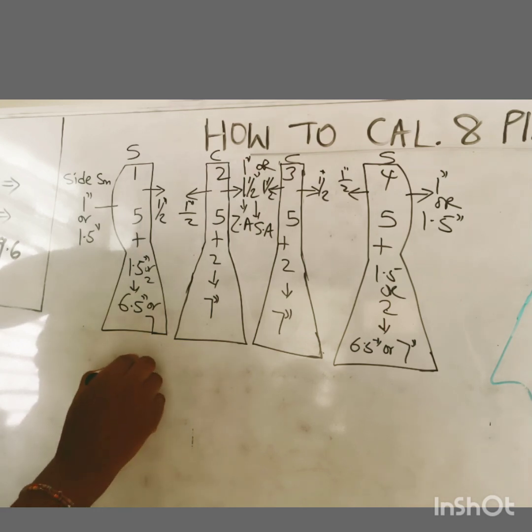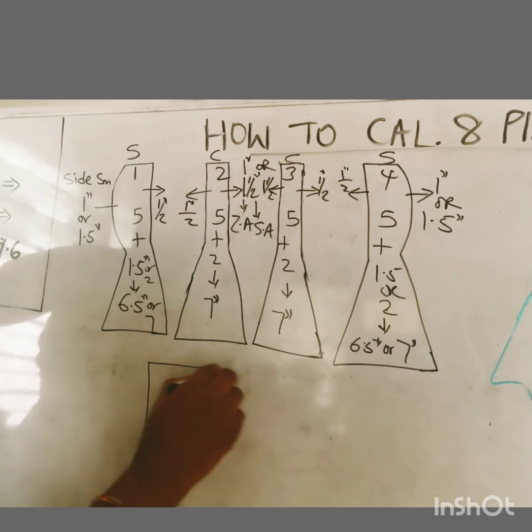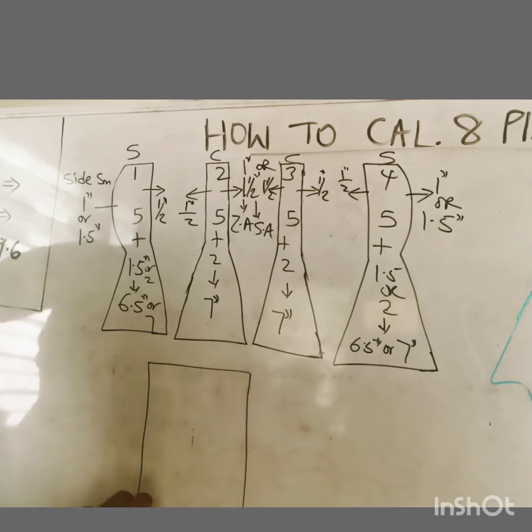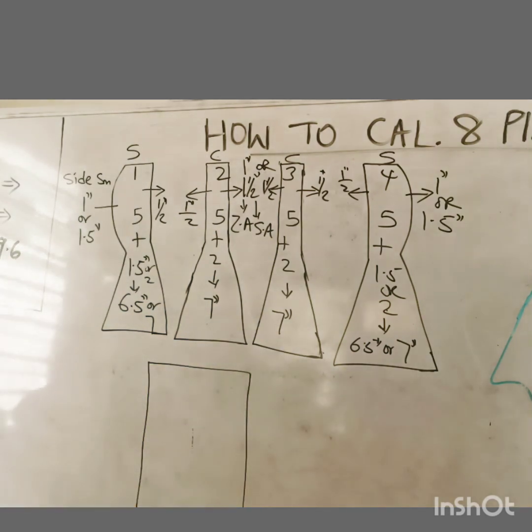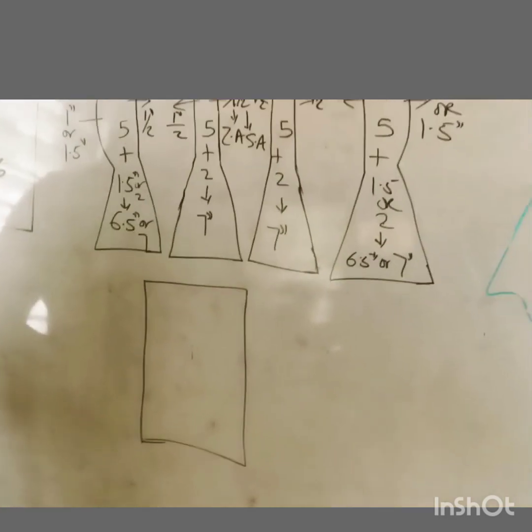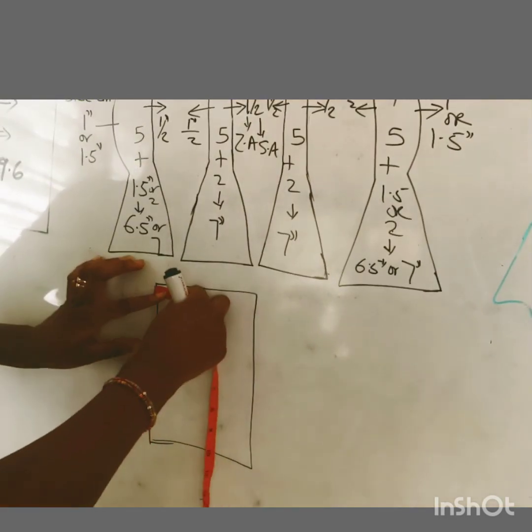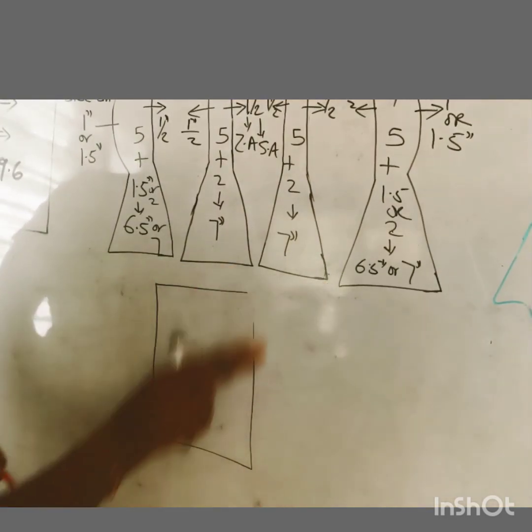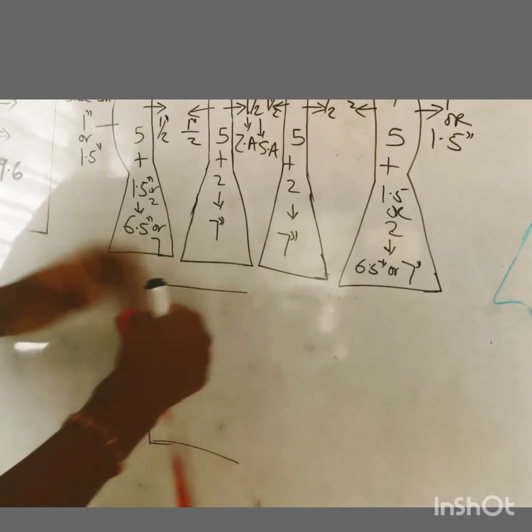If this is your fabric, unfold. 12 divided by 2 will give us 6. So let me just mark this to get to 6.